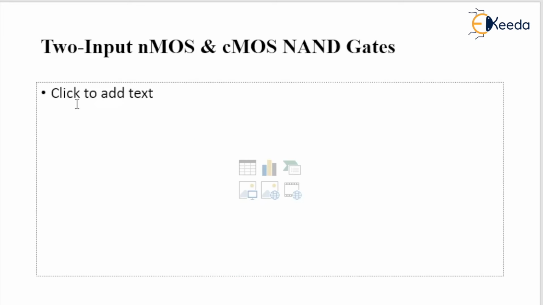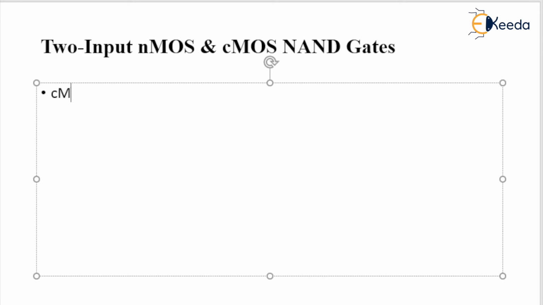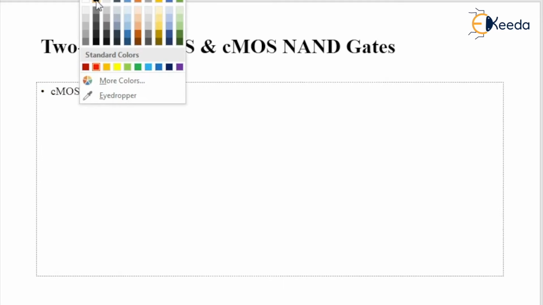Now for CMOS, I am going to draw it here. CMOS NAND. I am showing how to draw the mask layouts in our PowerPoint. So see here, I'm going to draw the CMOS mask layout for a NAND gate.